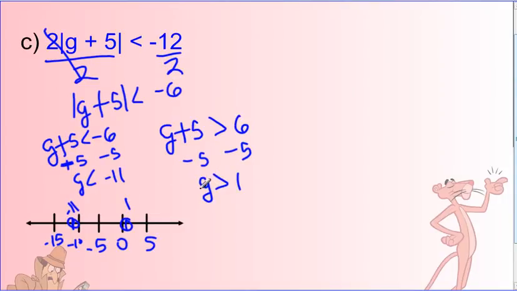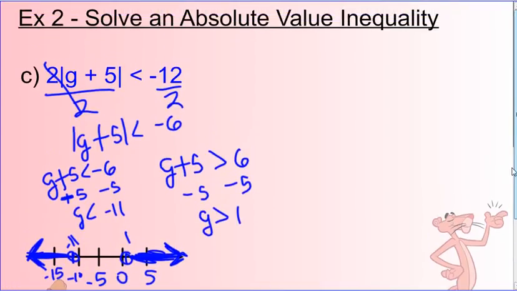And g is bigger than 1, that's this way. G is less than negative 11 is this way. Okay, so nothing new, just combination of other stuff we've done.